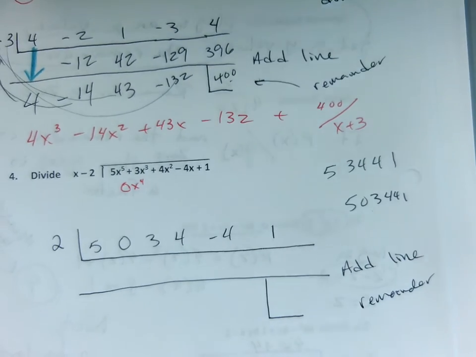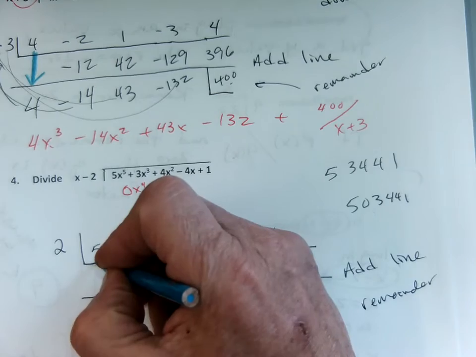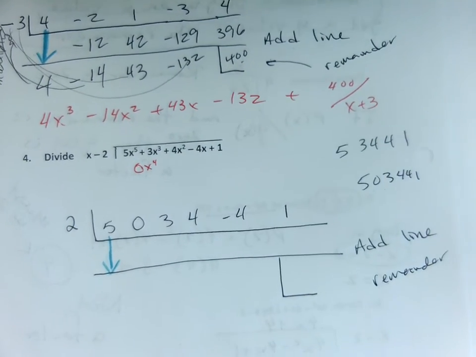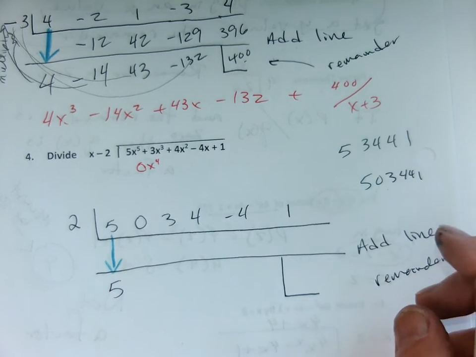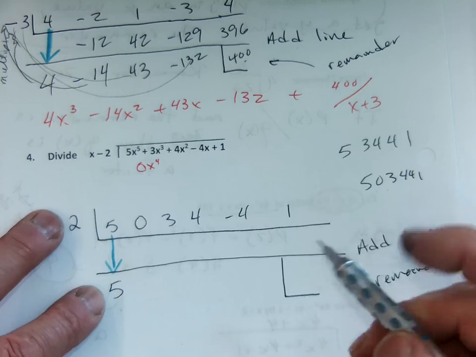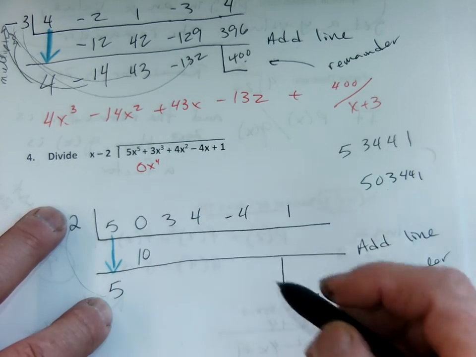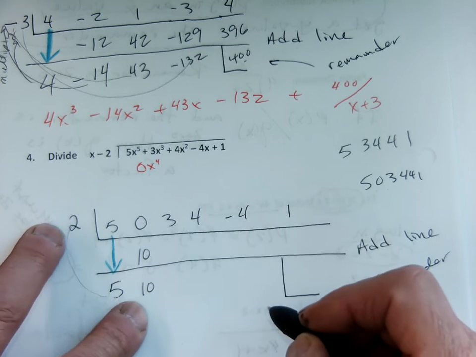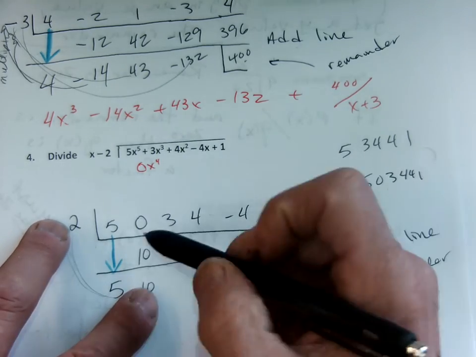Now, Cassidy, what did you say? Okay, so we bring down the first term. And I like to occupy the space because I don't want to put anything in there. You guys agree? So bring down the first term, put a 5. And then what do we do? Multiply. We get a 10. And 0 plus 10 is 10. Multiply, and we get 20.